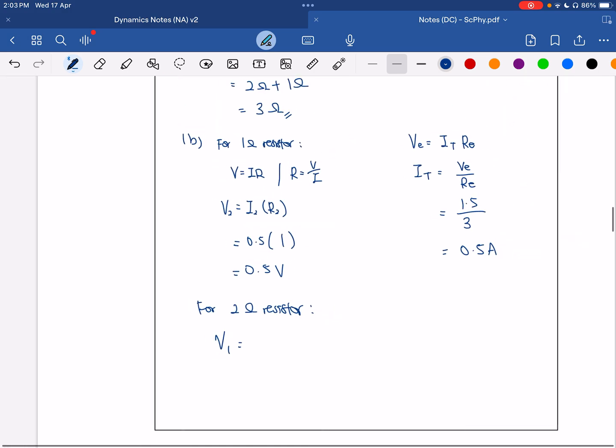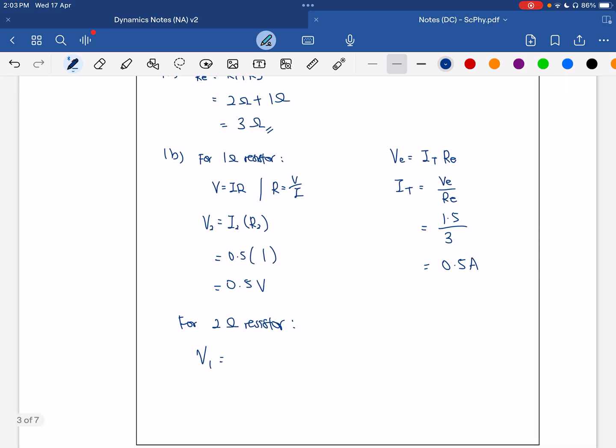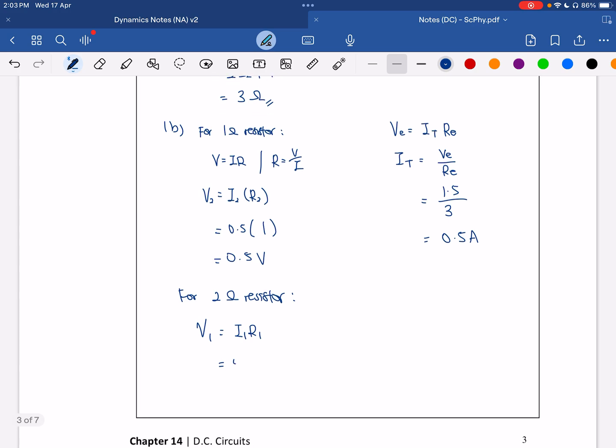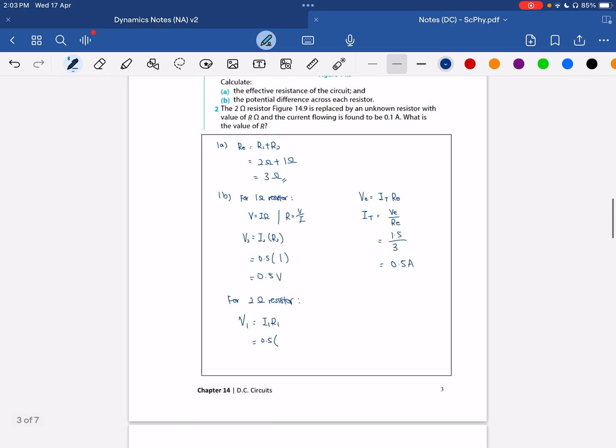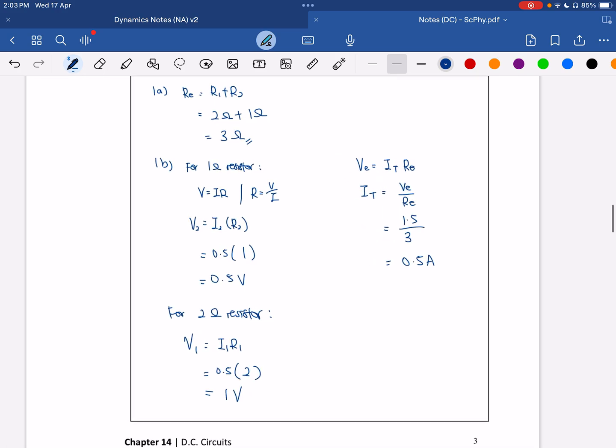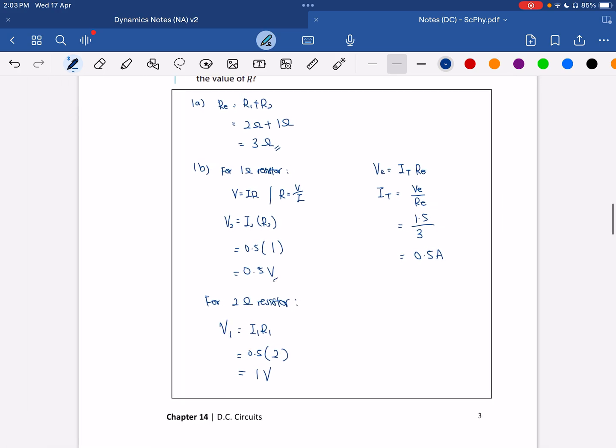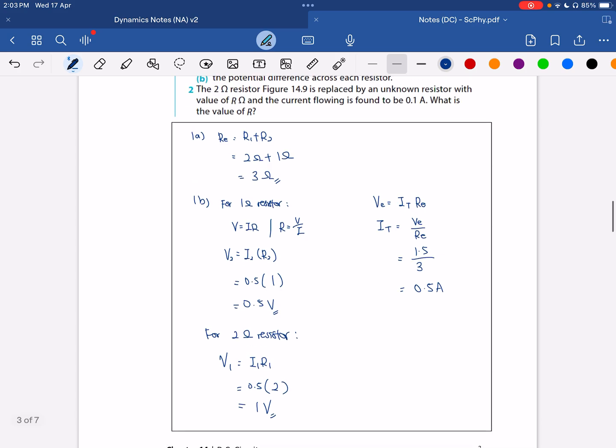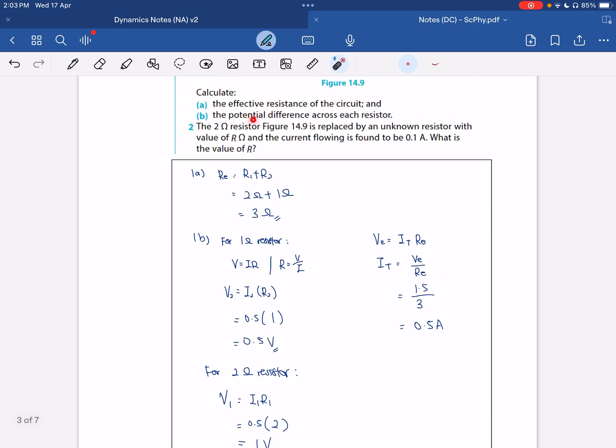So V1 equals I1, which is 0.5 ampere, because the current at every point is the same for a series circuit, times R1, which is 2 ohm, equals 1 volt. So there you have it, the potential difference across each resistor.